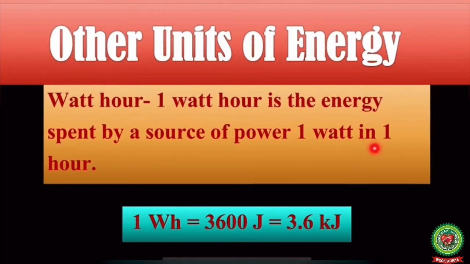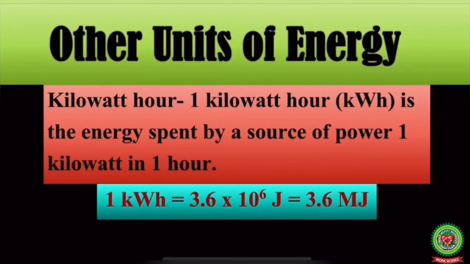That means if a source is of power 1 watt and we are using that source for 1 hour continuously, that energy used will be 1 watt hour. The relation between watt hour and joule is 1 watt hour is equal to 3600 joule, which can be written as 3.6 kilojoules.